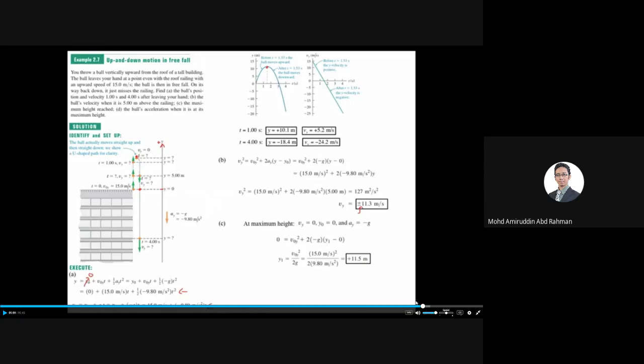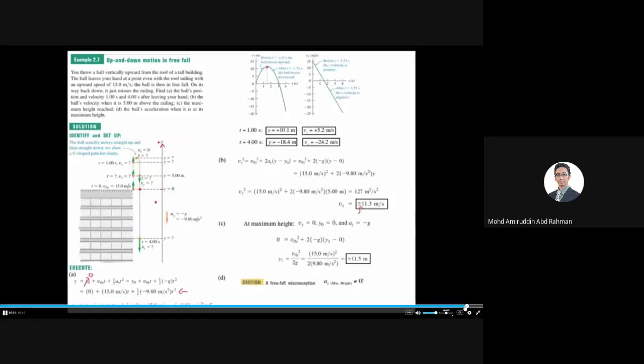Okay, so that's C. And then lastly, the ball's acceleration when it is at the maximum height. As you remember, the ball is thrown up from a rooftop at a speed of 15 meters per second. Acceleration is simply minus 9.8 meters per second squared, because this acceleration is being caused by the force of gravity, which is always pulling down throughout the motion.